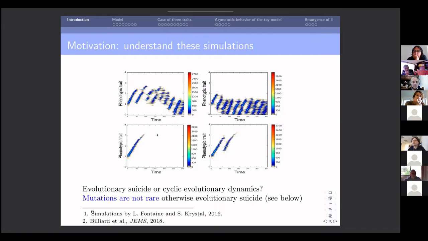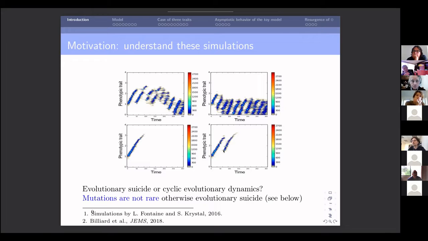You may have some dynamics where you have evolution to this evolutionary suicide, but just before the extinction of the population, you have an emergence of a seemingly extinct mutant strain. It was present there, it seems to be absent here, but maybe a few of them remain, and then they are able to emerge again.